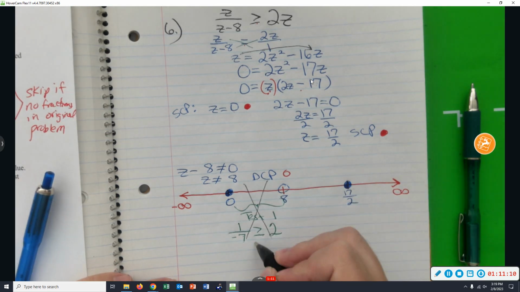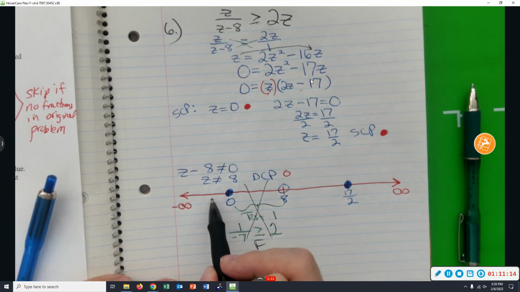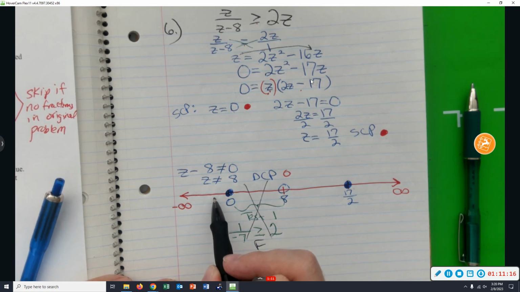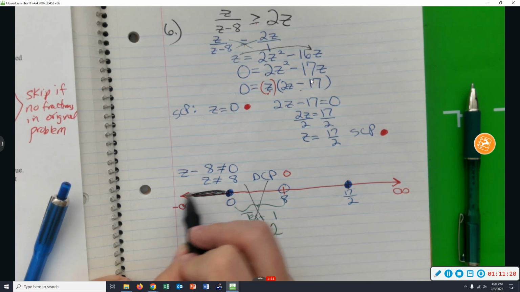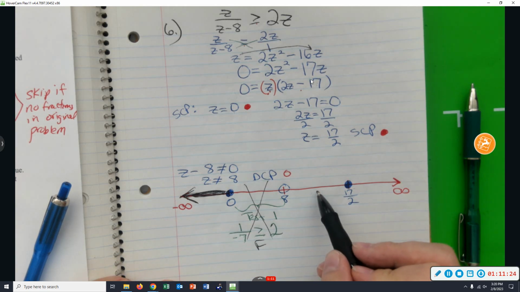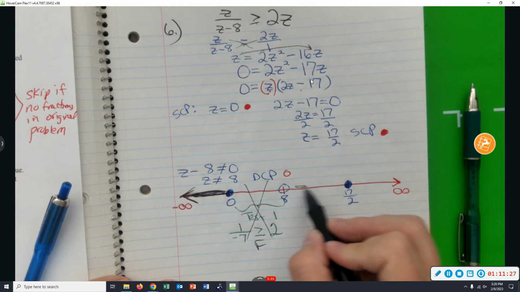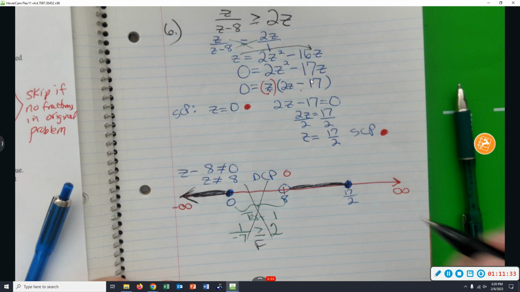So I'm crossing it out. That's false. So if I test a number over here, what would I expect to happen? True or false? True. So shade. Here? True. So if you test a number between 8 and 8.5, something like 8.1, you get a true statement.